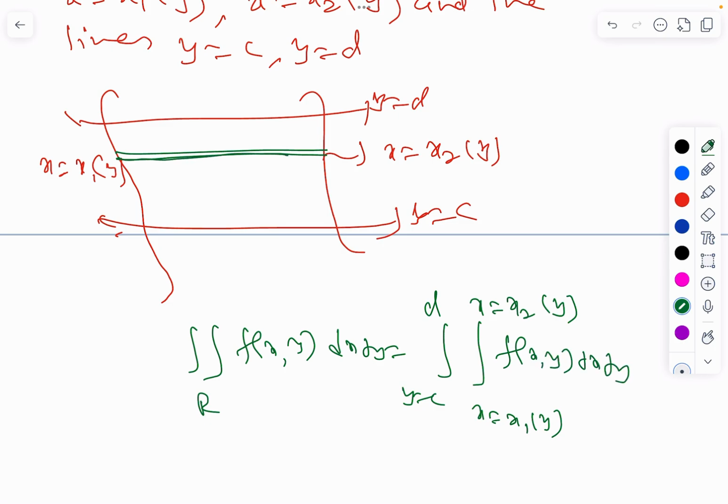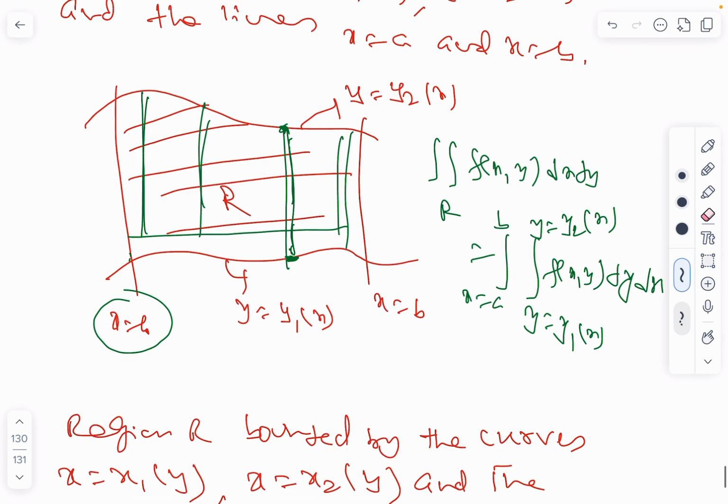This strip slides from here to here, so y is from c to d. It is a horizontal strip, and it slides vertically. While earlier the strip is vertical, it slides horizontally.